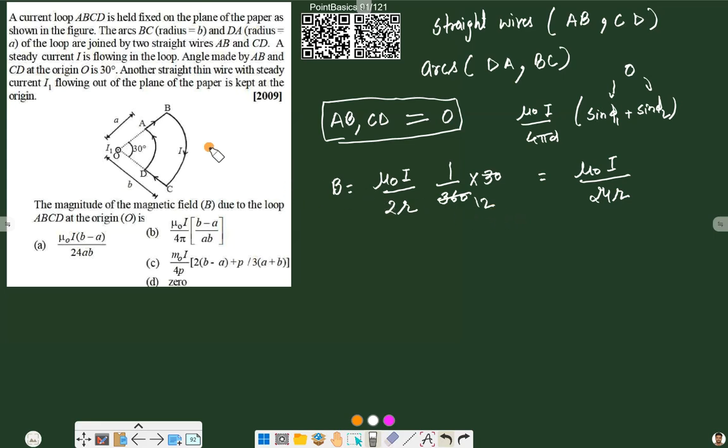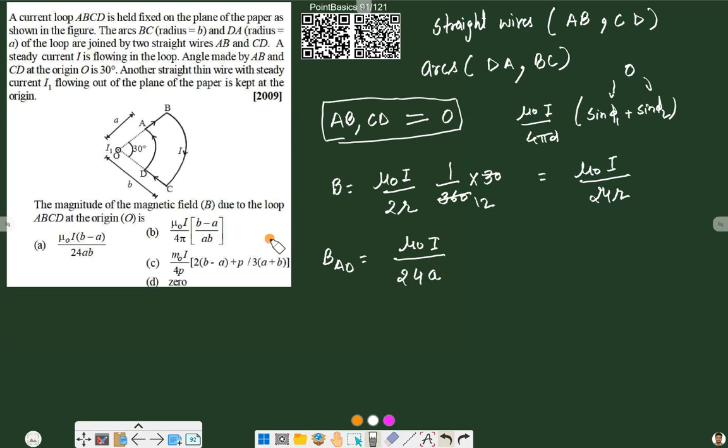Now let's find the value of magnetic field due to arc AD. So B_AD will be mu naught, assuming current I, by 24, and the distance from point O is a. For arc AD, the distance is a, so it will be a. And now direction.